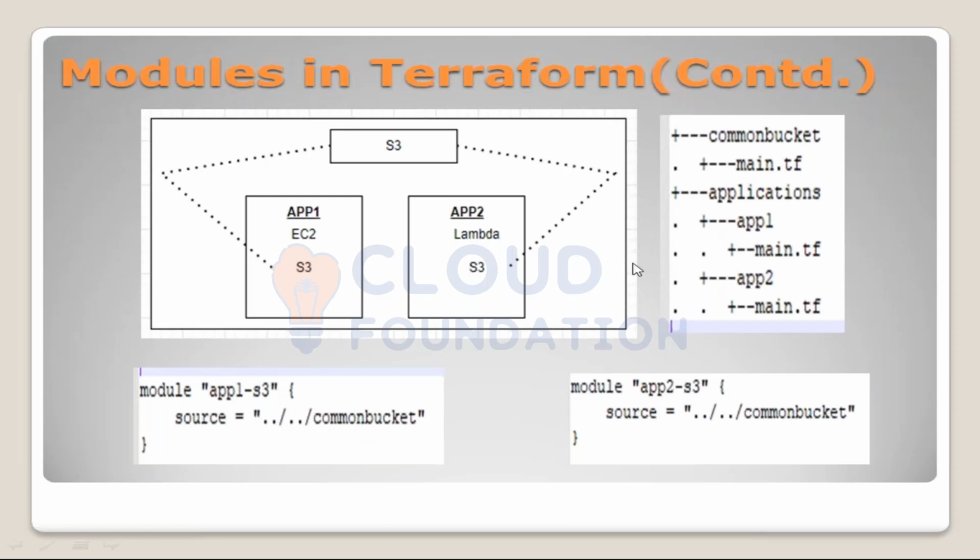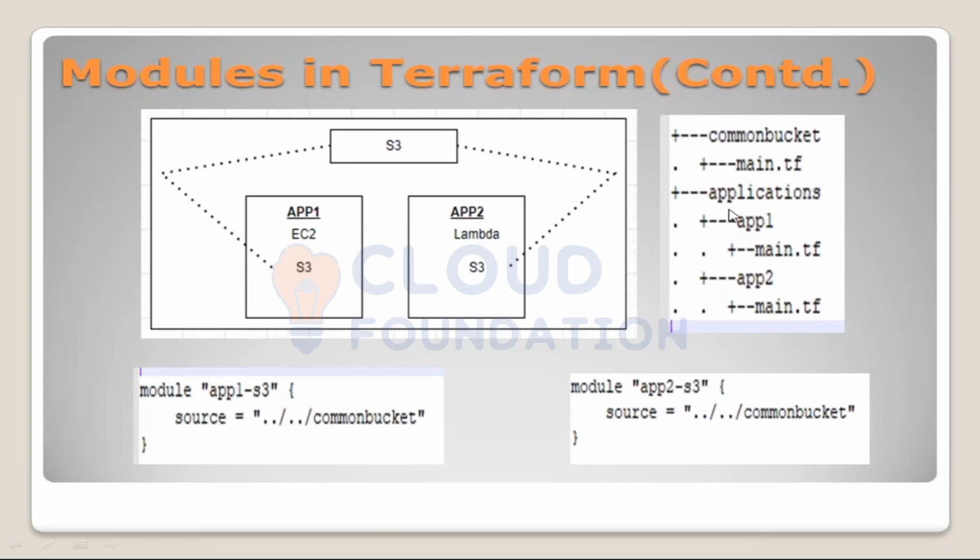This is going to read your main.tf inside the common bucket, and whatever has been defined in main.tf, it is going to create it for app1. Similarly, it is going to create it for app 2. I have done the same thing in app 2.